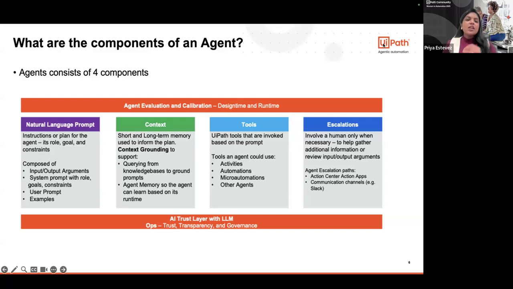You could say, use the Action Center, because that's where the humans come in. Humans are part of the agent when the agent cannot make a decision or needs more information to understand the process. There you let the humans control it, and you specify the arguments, the input or the output. These are helpful using the action centers or action apps and the communication channels.